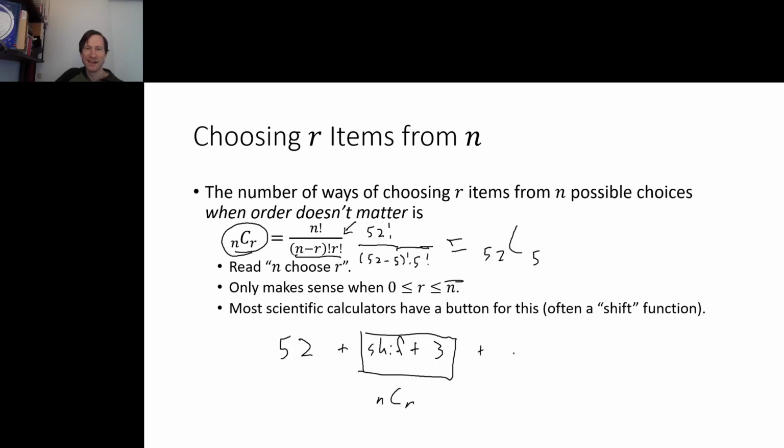And then I enter the 5 and then hit equals. I'm not actually adding these, I'm just hitting these buttons. And that's how I got the giant number in the last slide.